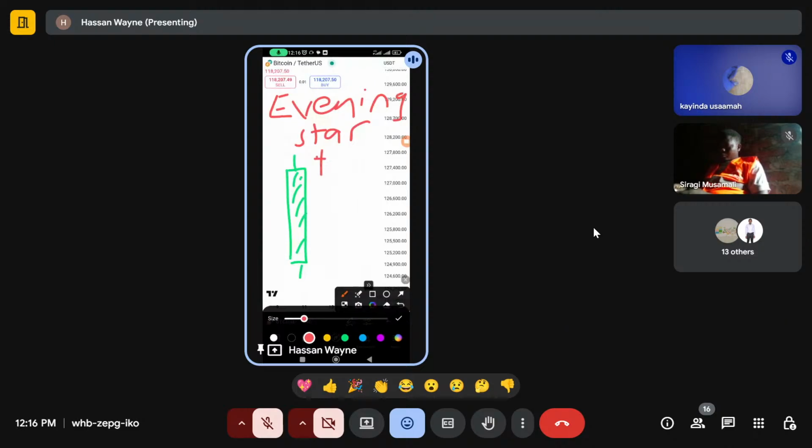It might be a doji, a shooting star, or a hanging man, but as long as it is bearish. After that, we get another big bearish candle. So this is how an evening star looks like.